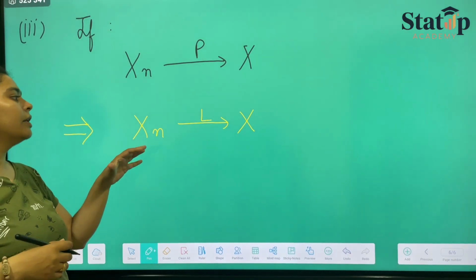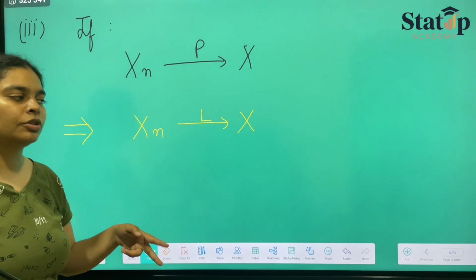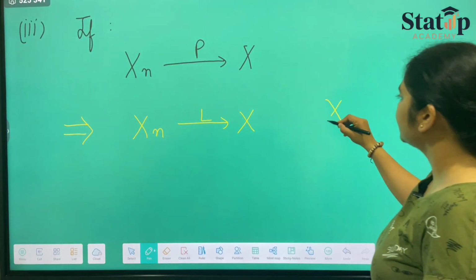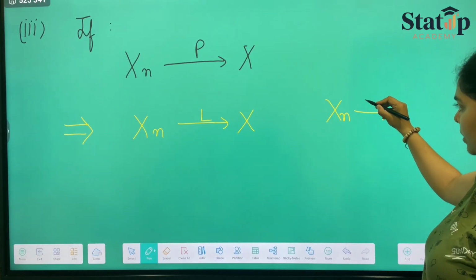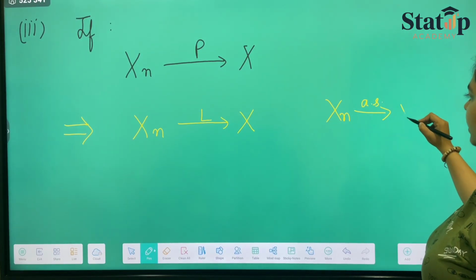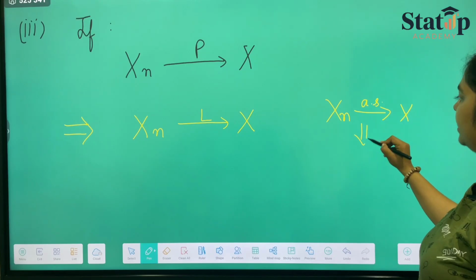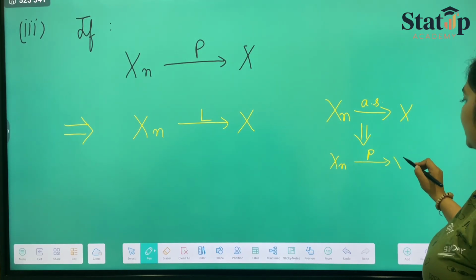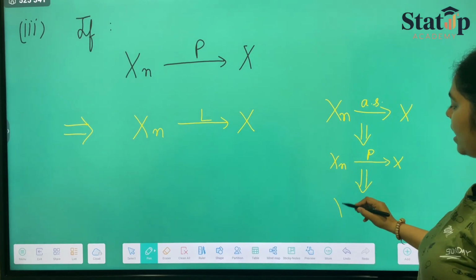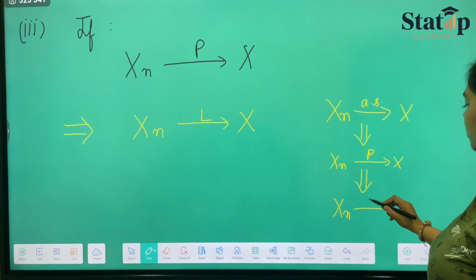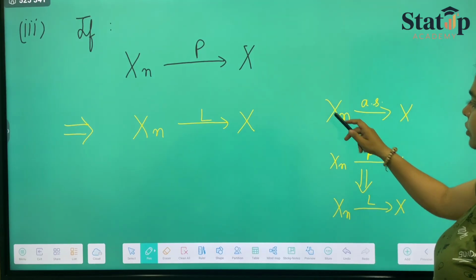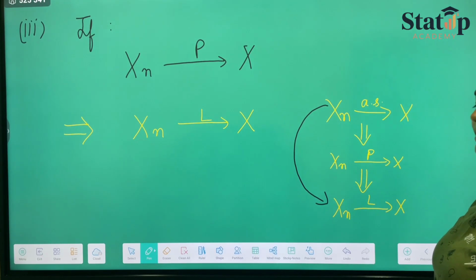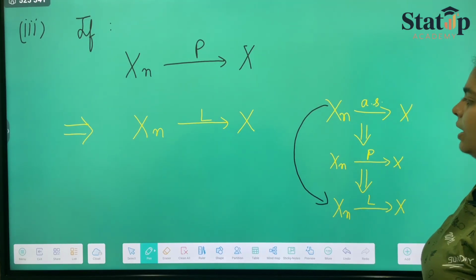That means it will always converge in law if this is the case. And one more thing is there: if Xn converges almost surely to X, then this denotes that Xn converges in probability to X, and this will denote that Xn converges in law to X. So in short, Xn almost surely converges to X implies that Xn converges in law to X.